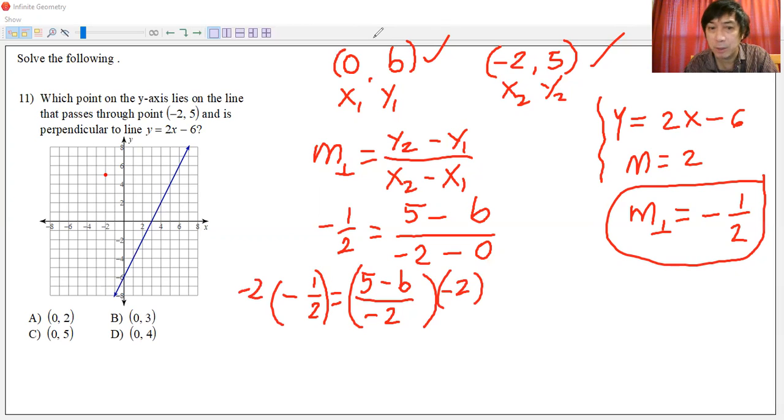That left side becomes positive 1, okay? Because the number 2's will cancel out, and negative is positive 1. At the right side, the negative 2 cancels, okay? We will only have 5 minus b. There, okay? And so we can subtract the negative 5 from both sides.